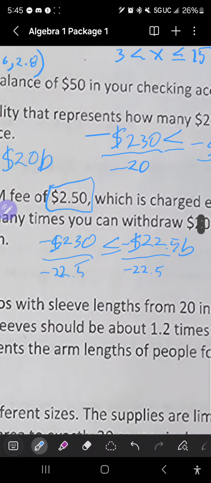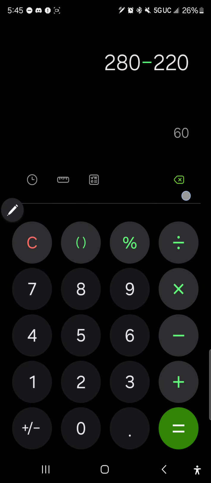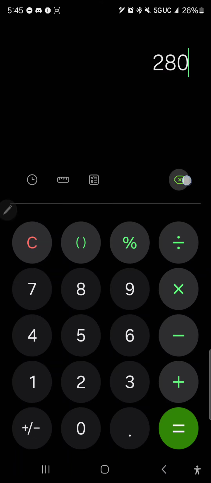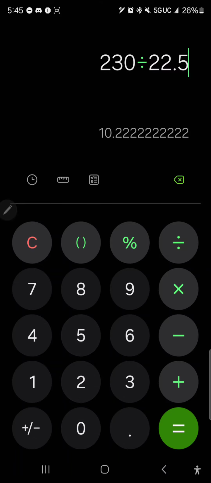And when we divide 230 by 22.5, it's going to be 10.222.